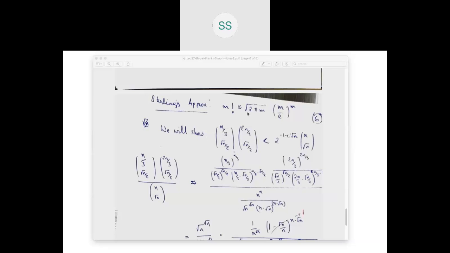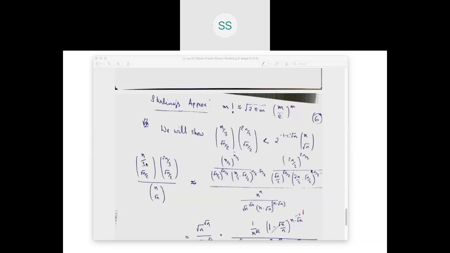m factorial is roughly equal to square root of 2 pi m times m divided by e whole power m. And since we are dealing with binomial coefficients, the e term will cancel, and this single 2 pi square root m also is something that we can ignore, just like we are ignoring the square root n by 2 here. So the only term that we need to bother about is m power m.